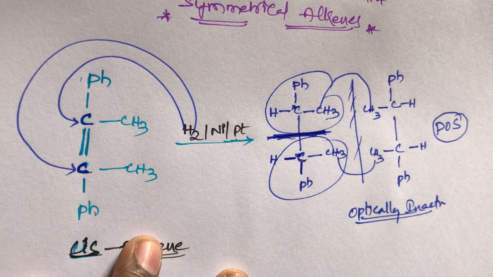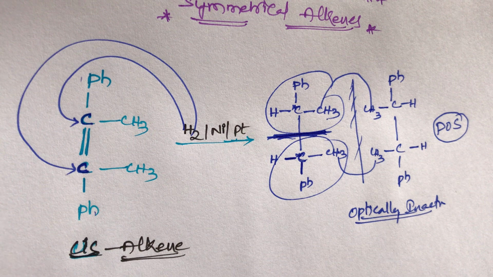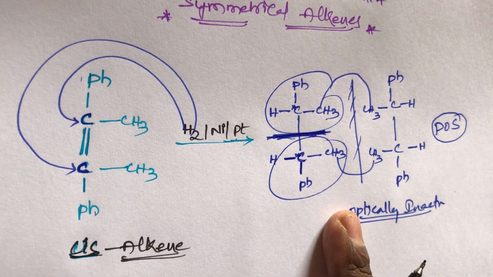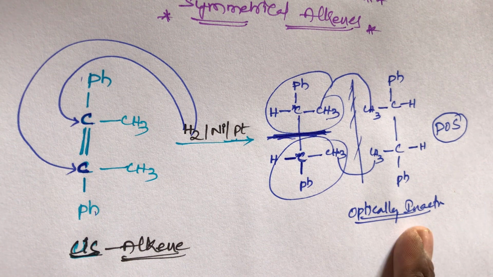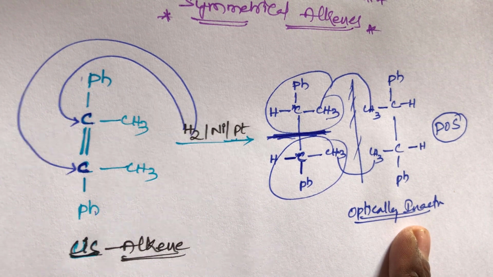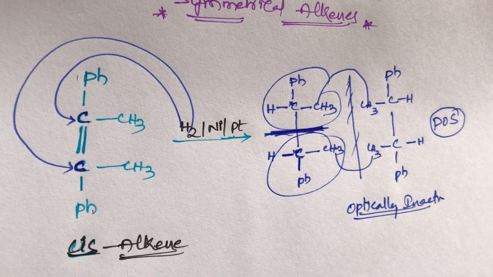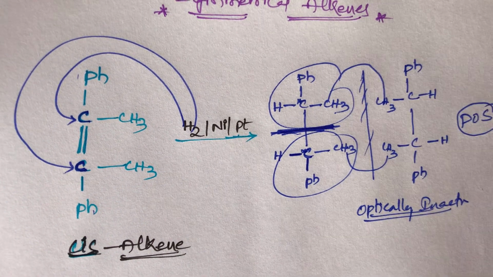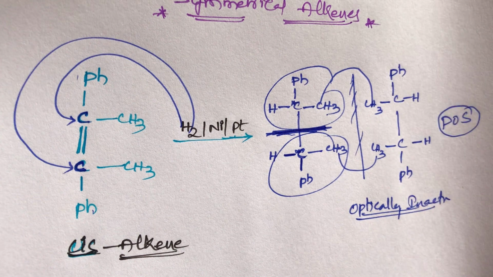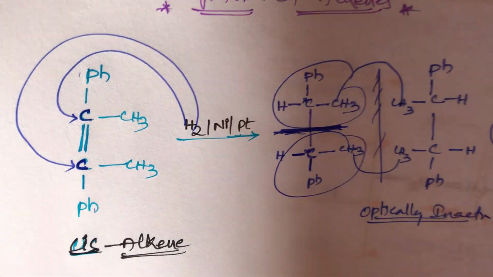So that's why it is optically inactive, due to the presence of a plane of symmetry. The given compound is a cis alkene, a symmetrical alkene, which on hydrogenation gives a product that is optically inactive due to the presence of a plane of symmetry. This is a simple trick, students. Symmetrical alkenes also undergo syn addition reaction.